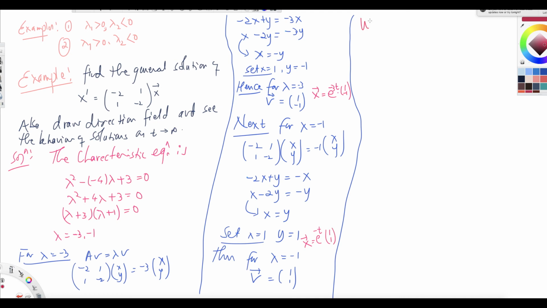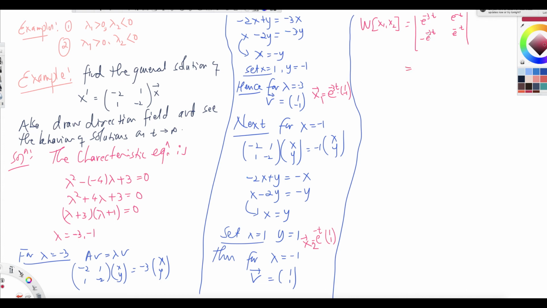So what is the Wronskian? Let's say this is x1 and this one is x2. The Wronskian of x1, x2 is the determinant of e to the negative 3t, negative e to the negative 3t, because you need to distribute that, and then e to the negative t and e to the negative t.